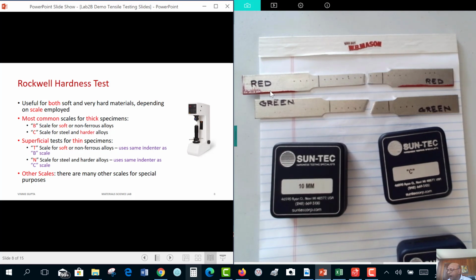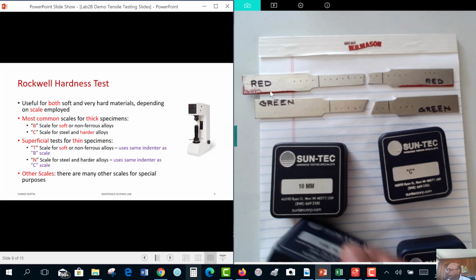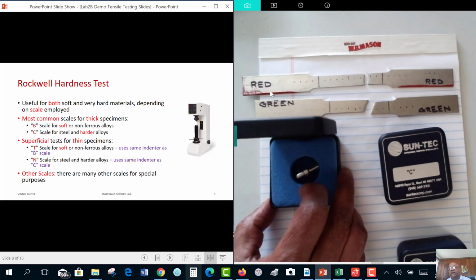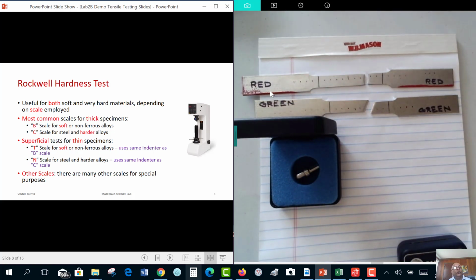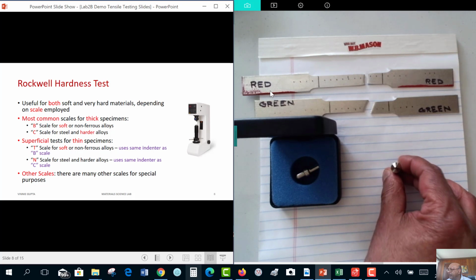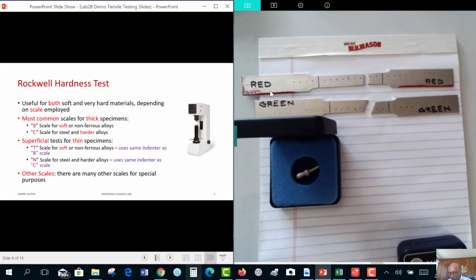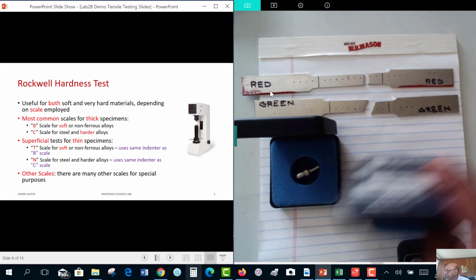If I had a very hard material, I would use a C scale. A C scale has this conical diamond indenter. We are going to talk about this in great detail in the next lab.